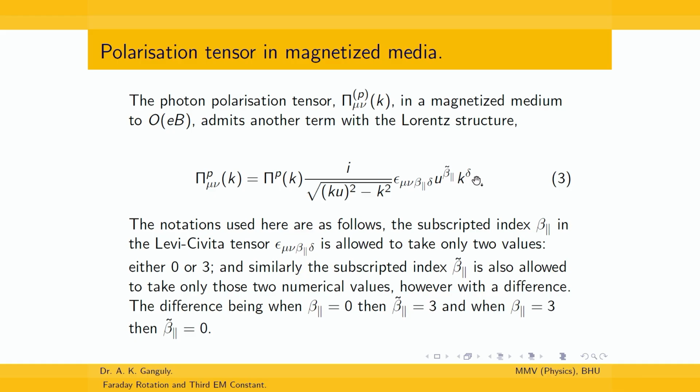You might be worried about how this particular part behaves in the infrared limit when k goes to 0, because k dot u squared means omega squared, there is an omega squared divided by k squared, omega squared minus k squared, that is coming from 4 k squared.